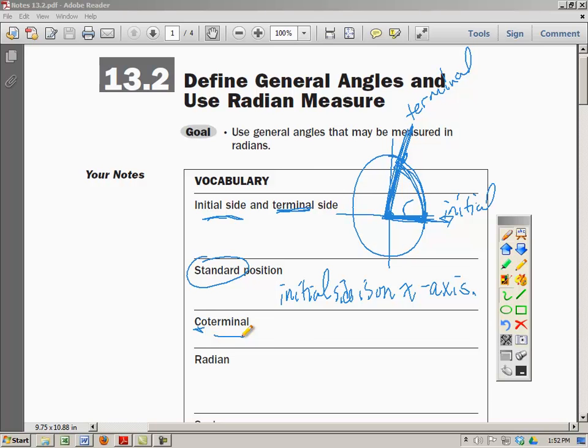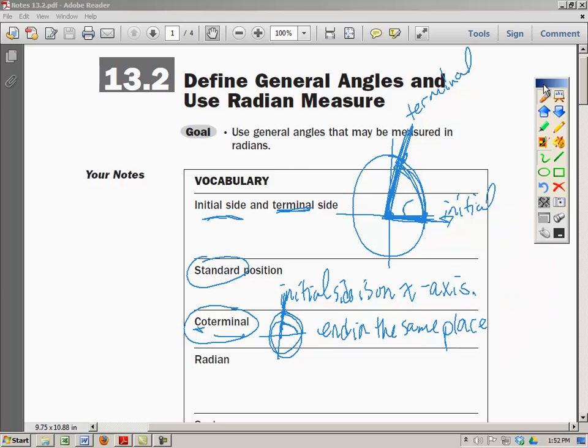For example, if I had an angle where maybe I rotated to 90 degrees, an angle coterminal with that would be to go another full rotation around, so that basically it would be ending in the same spot. Another way to say coterminal is two angles that end in the same place. I'm going through this fairly quickly just to get the definitions out to you, and then we'll define more of these as we work through this lesson.